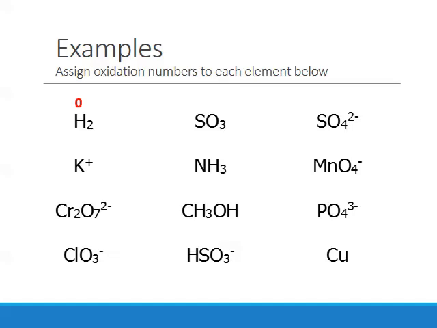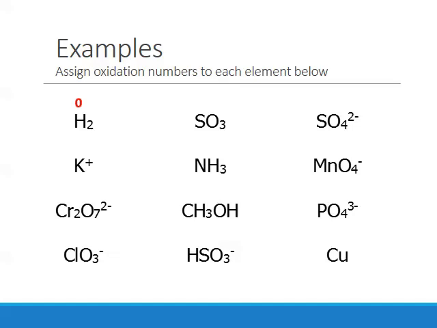In the example beside it, SO3, we had a rule that said oxygen in a compound is -2. We had another rule that said the sum of the oxidation states must equal the charge on the compound. Here, there's no charge. There's no symbol beside it to say a charge. So here, they have to add up to 0.